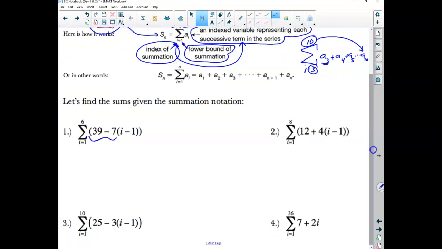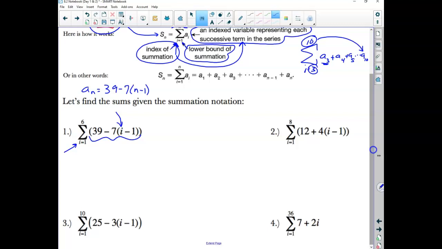This function is like my a sub n function, equaling 39 minus 7 times n minus 1. But if you notice, they don't have an n there, they have an i. You want to know why? Because my index of summation is i.